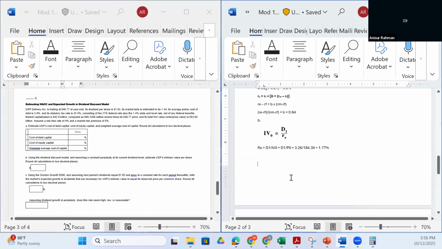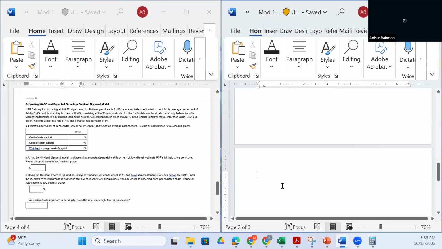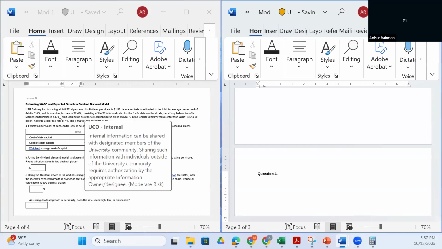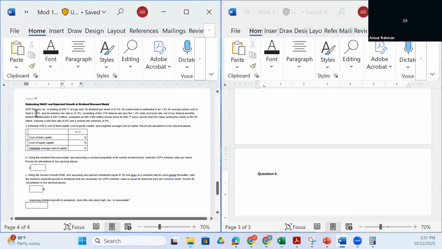Now I'm moving to question 4. We have a stock trading at $48.77.